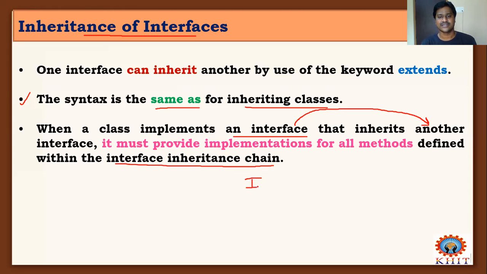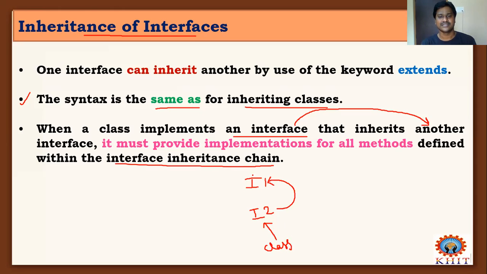So consider interface 1 and interface 2, and interface 2 is extending the properties of interface 1. Wherever our class is going to implement interface 2, the condition is the same one we followed up to now. When the class implements an interface, this class must and should implement all the methods defined in the interface.